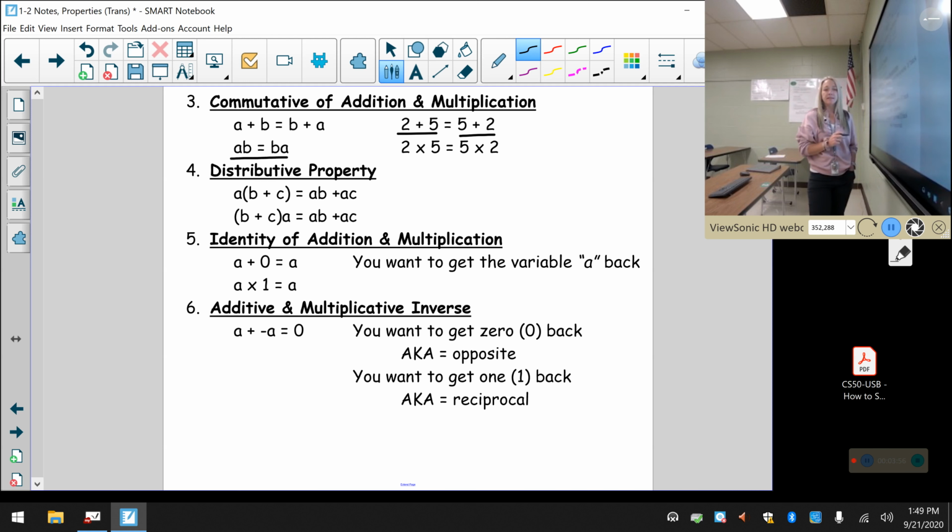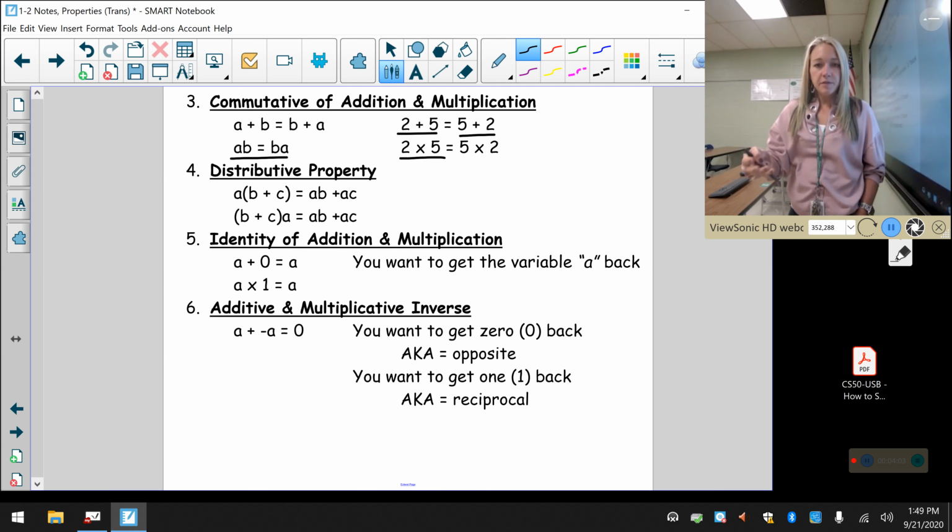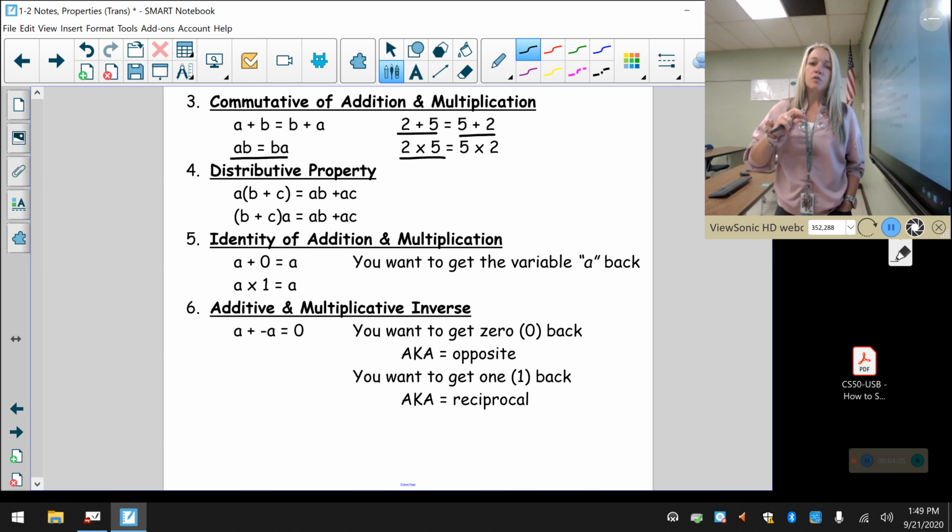A times B is equal to B times A. For example, 2 times 5 is 10, 5 times 2 is 10. Those are called commutative. You know the property that you can do in math, but what you probably don't remember is that it's called commutative. So that's what I want you to remember, is that when you have two numbers, no matter what order you multiply them, it's called the commutative property of multiplication, and then if it's addition, the commutative property of addition.